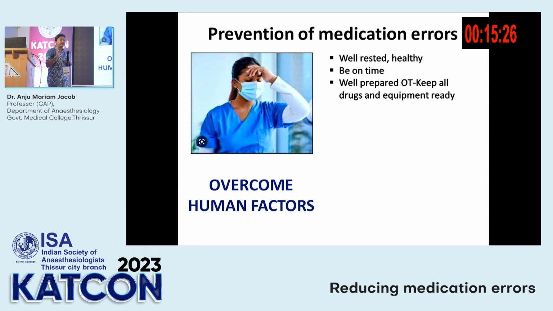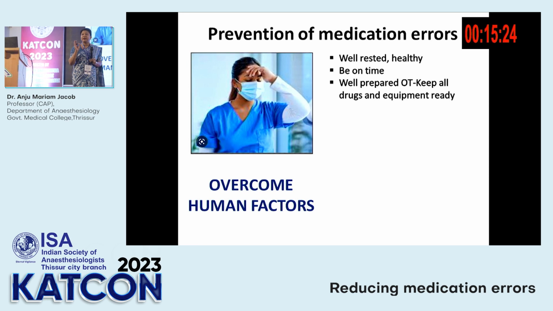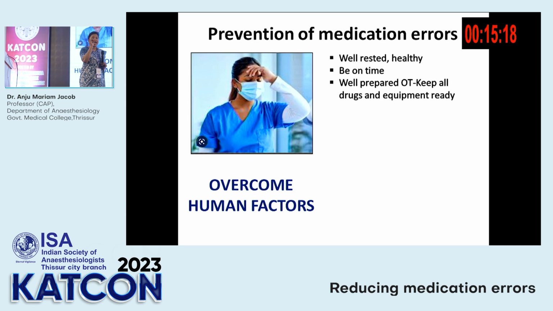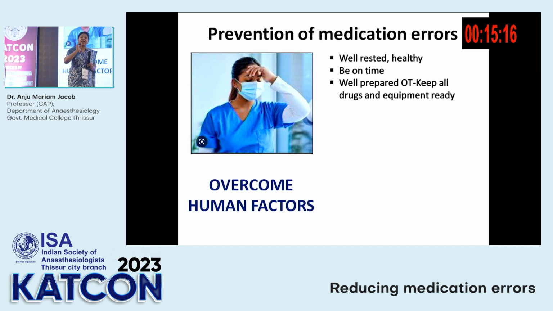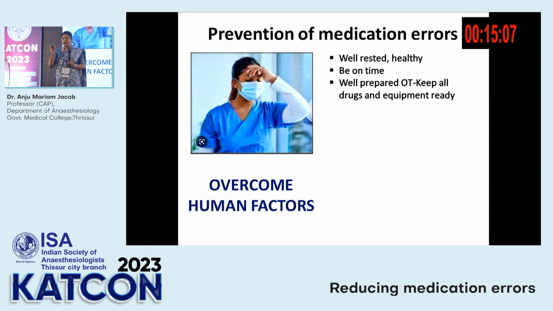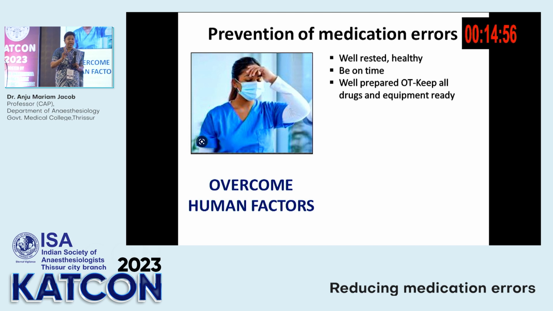Then of course, what else? Your main role is what? A well-prepared OT is what is important. You have to keep everything ready that would be required for the patient as well as for emergency problems that may arise, like a crash cart, emergency drugs, etc. A pilot in a plane, do you think he's going to go look for the switches after he gets in the plane and starts flying? No, he will be well prepared, he will know where everything is, and he is well organized.